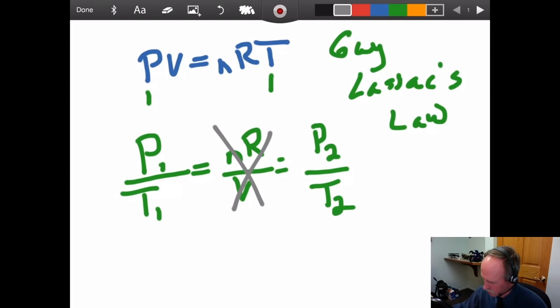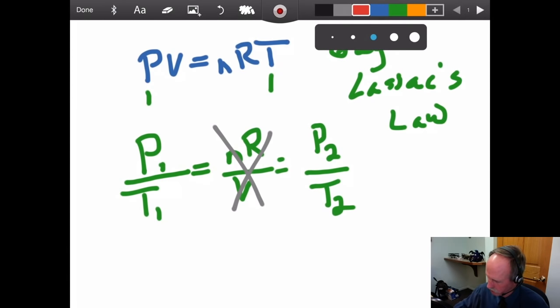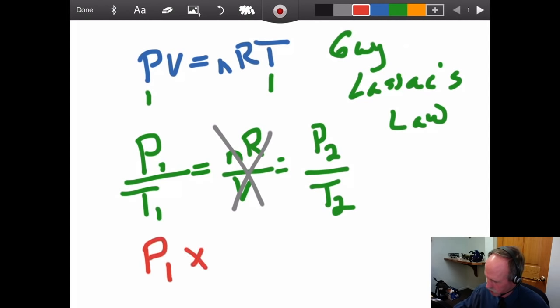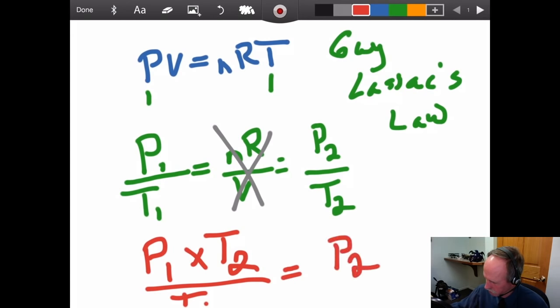Once again, let's solve for P2. That's really quite straightforward. P1 times T2 over T1 equals P2.